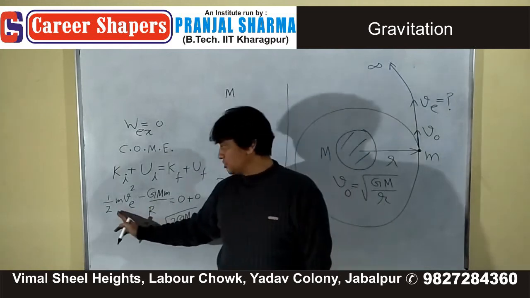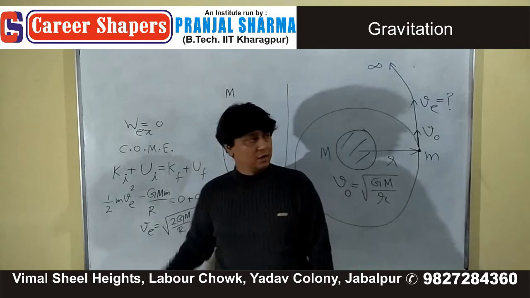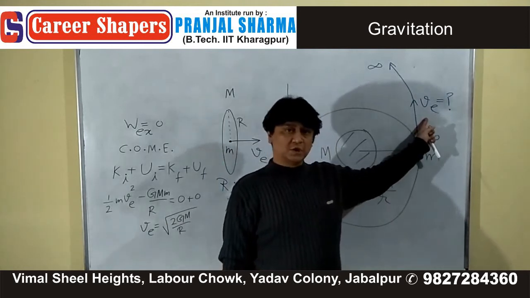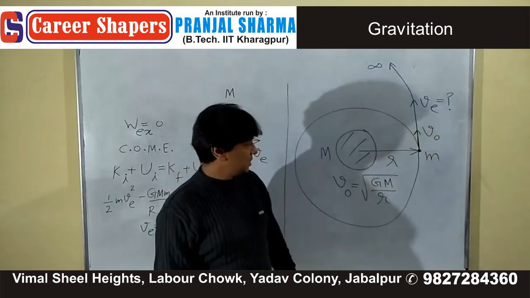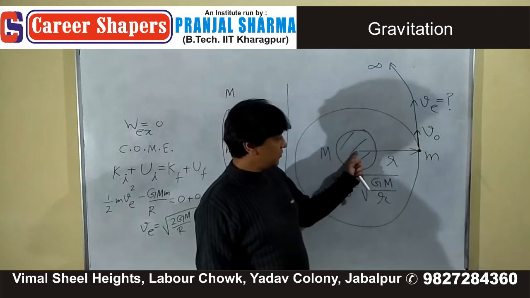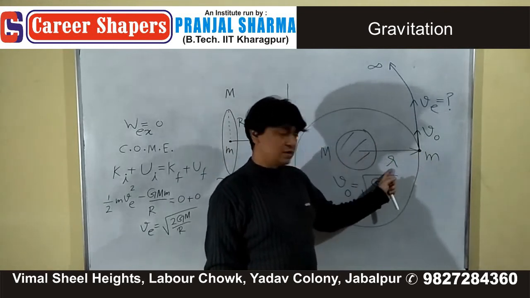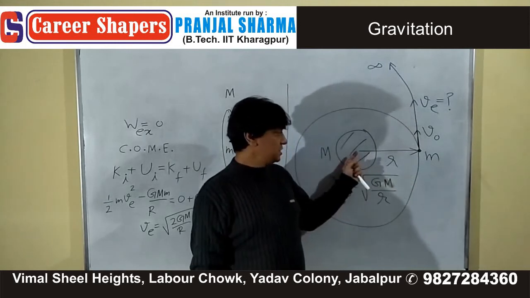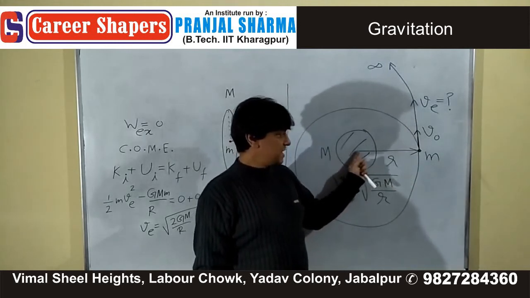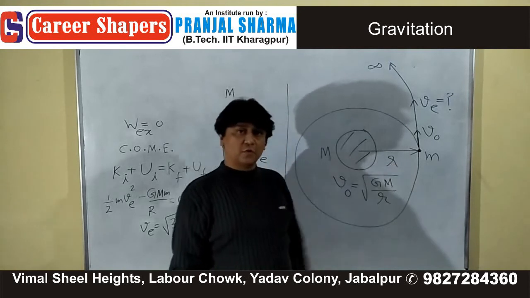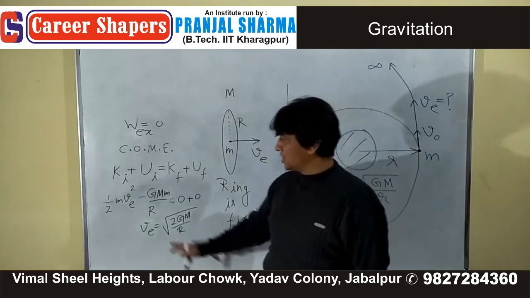And therefore, let's use the same calculation part. What is kinetic energy? Half mv squared. What is potential energy initially? Initially, from the center of Earth, the satellite is at a distance of r. Small r is from the center. From the center, distance is r, and therefore gravitational potential energy is what?